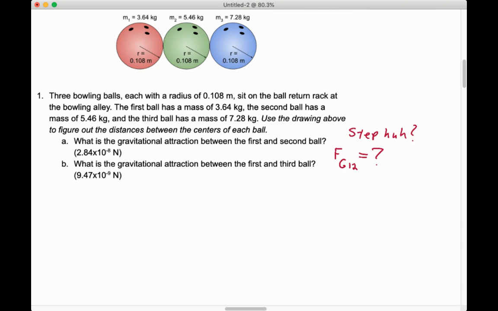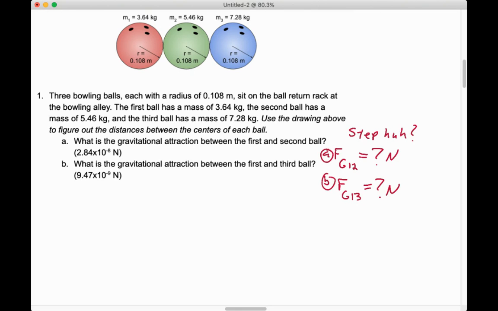And what units do we expect this to have? It's the force due to gravity, so this will be in newtons. So this is for part A. And then for part B, F sub G between the first and the third ball. So F sub G 1, 3 is equal to question mark newtons.